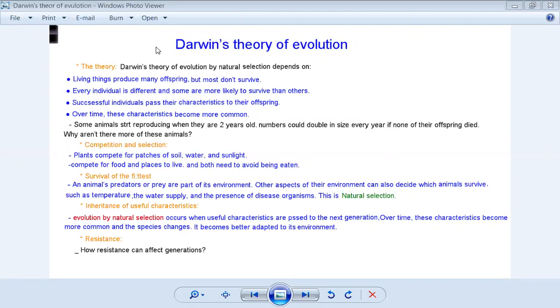Okay. We talked about the changing of population. We said when the population increases too much, what can happen to decrease this population? Less food.